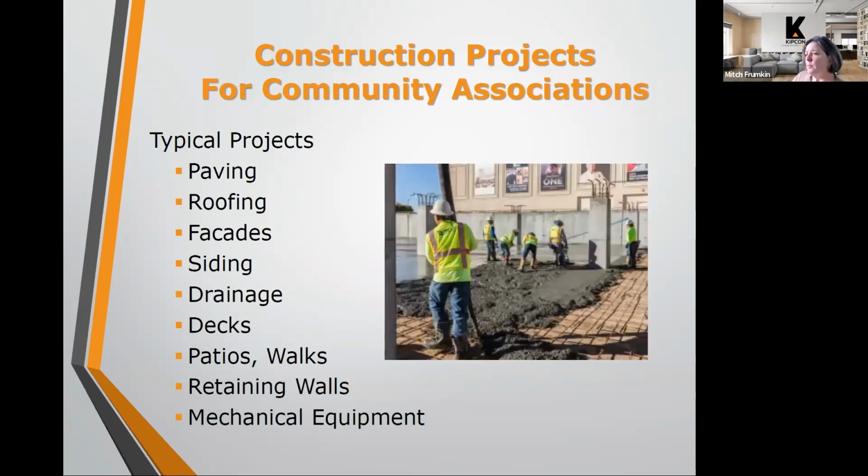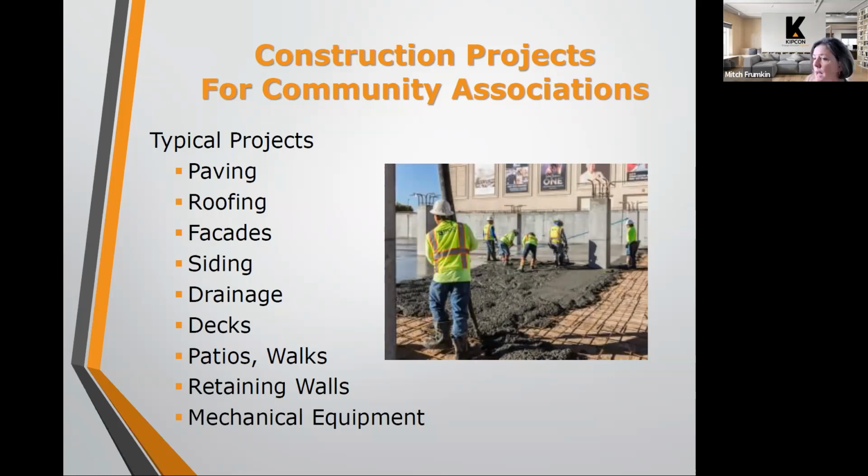So the types of projects that community associations are typically involved in, I'm going to try to gear this webinar toward community associations. There's all different kinds of projects, but for community associations especially, they're tasked with saving for and performing the replacement of common elements. And here's some of the items that come up as common elements.